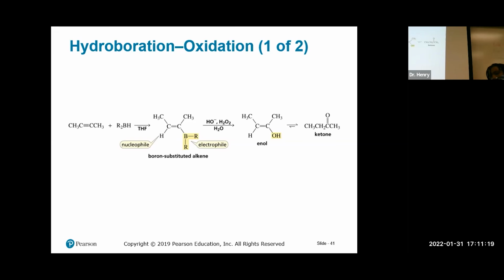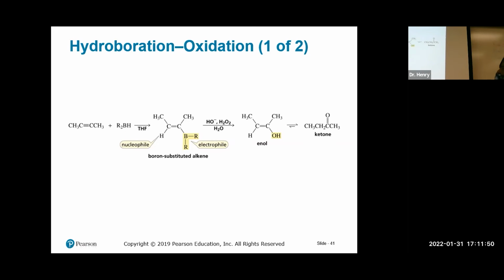Okay, so hydrogenation and oxidation. Okay, so in the case of hydrogenation, here we have our acetylene group that's going to be reacting with our borate.